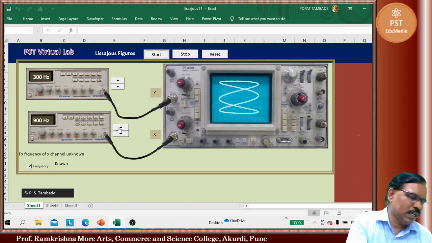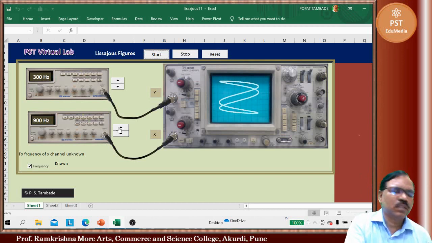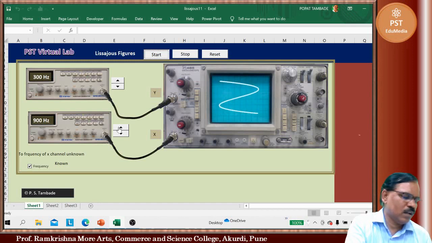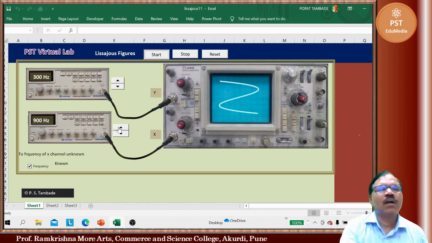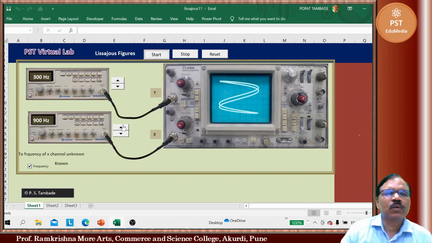So for 3:1, we got 3 loops, but they are along the y-axis.